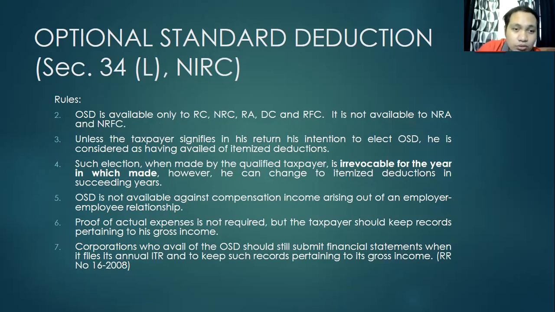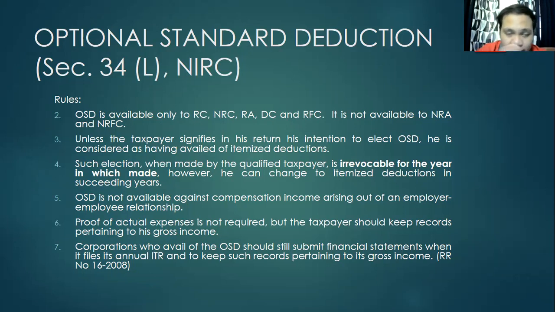Okay, so rule number 6, proof of actual expenses is not required but the taxpayer should keep records pertaining to his gross income. So here, ito yung sinasabi ko sa iyo, diba? Hindi mo naman na kailangan ipakita yung mga resibo mo, yung books ng company mo kapag mag-avail ka ng OSD. However, you should still keep it for your records, di ba?